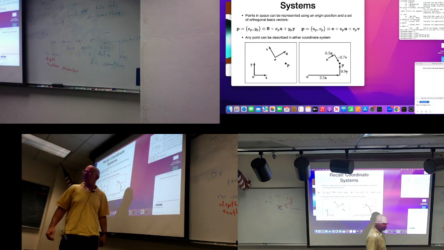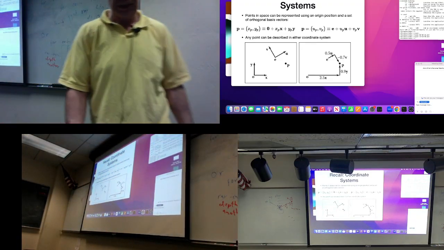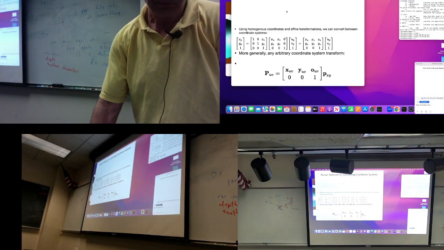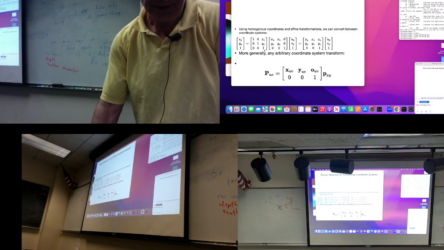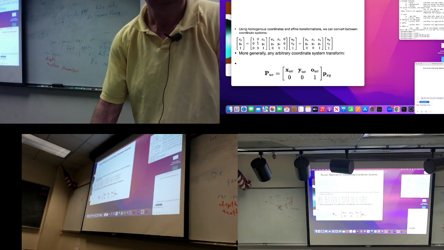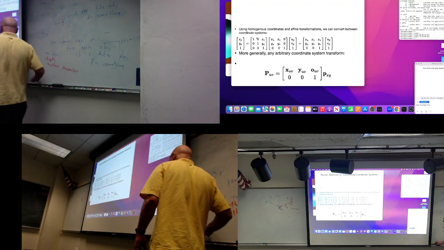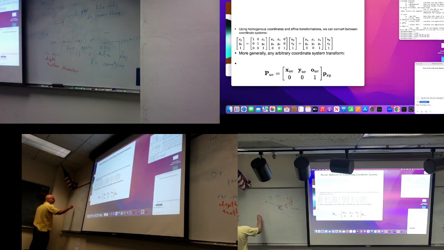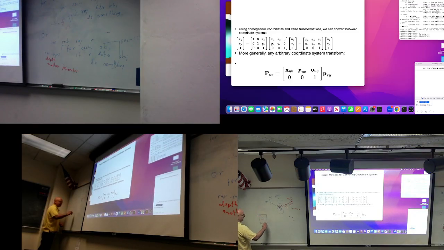How do I switch between these two coordinate systems? Well, we mentioned this matrix every time. With homogeneous coordinates, I have the identity matrix with 1, 1, 1, and 0 elsewhere.